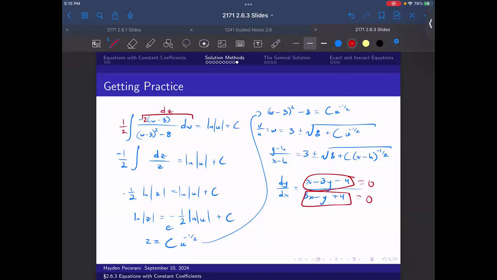So you don't have to plug in all those substitutions. Just write h minus 3k minus 4 equals 0 and 3h minus k plus 4 equals 0. Solve that system and you get h and k immediately. Solve that and you get h and k.